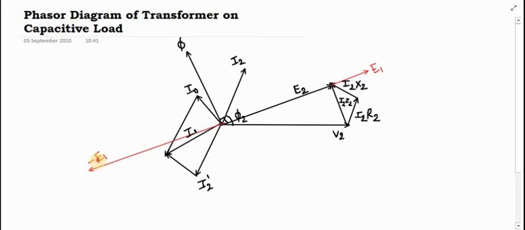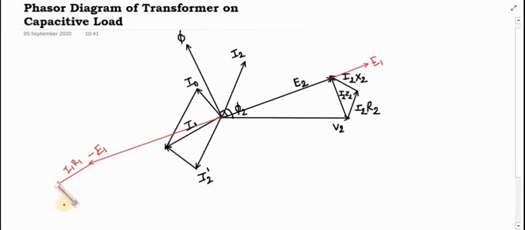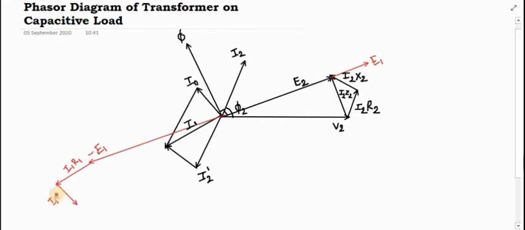Now from the tip of minus E1, in parallel to I1, I will draw I1 R1 drop. Then perpendicular to I1, I will draw I1 X1 drop. The vector sum of your I1 R1 and I1 X1 is nothing but I1 Z1.